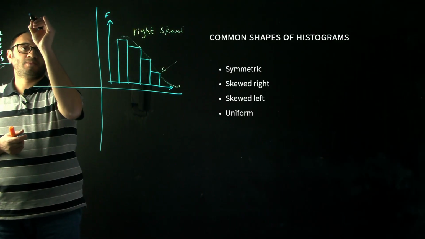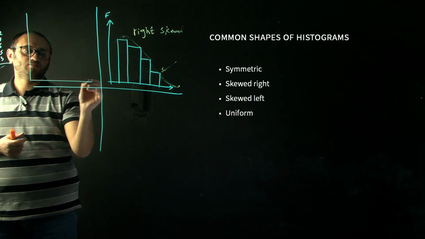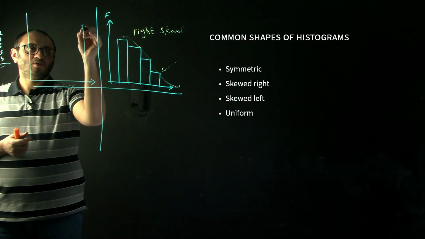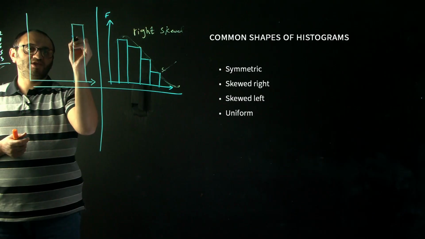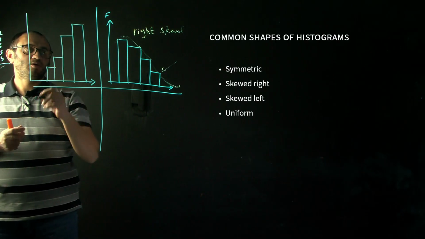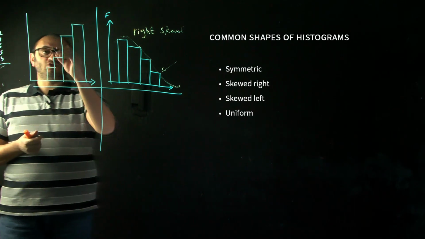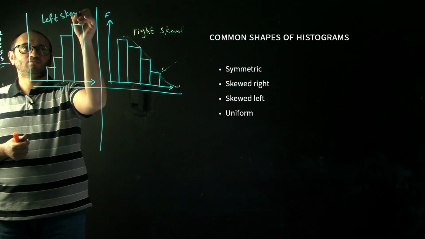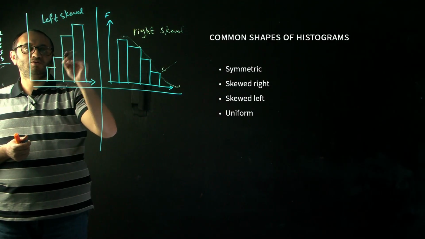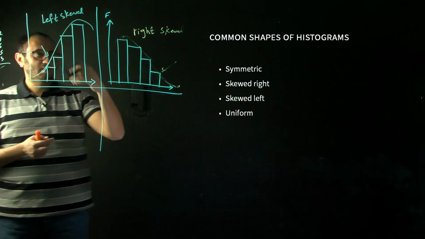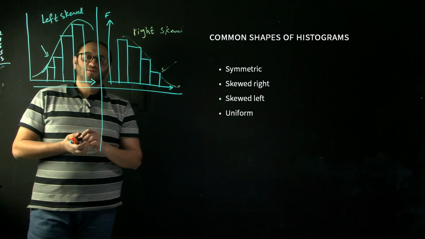Similarly, if you have this shape, this is called left skewed, because if you add a curve, then the long tail is on the left-hand side.